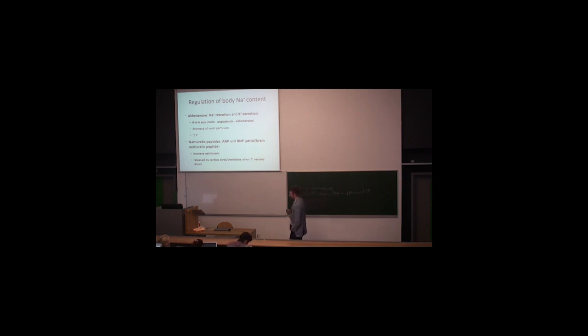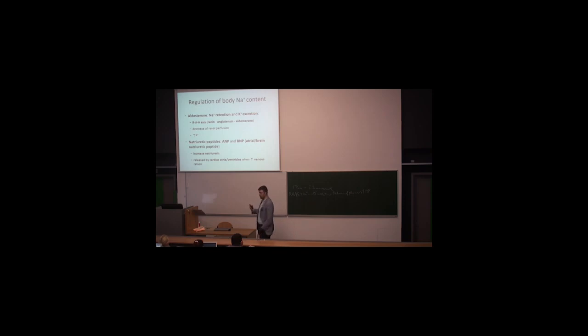And as you know, this is in quite well correspondence with this. So since the heart is the pump that should pump the blood inside the cardiovascular system, it could also have the possibility to regulate the volume in the cardiovascular system.